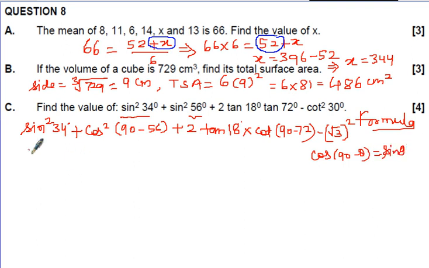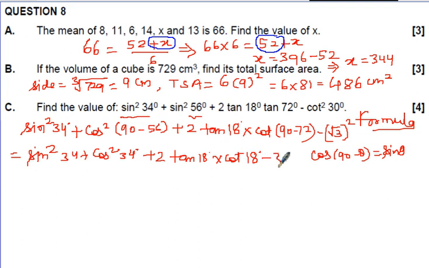Now it gives you sin square 34 plus cos square 34, because of the relation sin square theta plus cos square theta is 1. Many children get confused. And here 2 tan 18 into cot 18, they are reciprocal, so I can cancel them, minus 3.